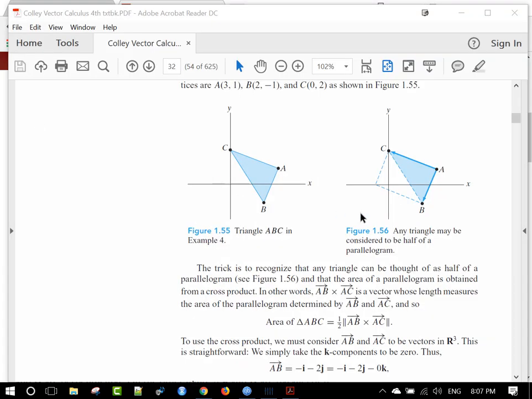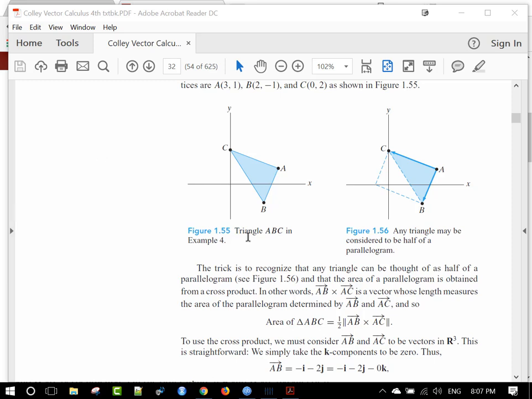So the area of this parallelogram is given by AC cross AB. AB cross AC is the same thing in terms of magnitude. That is the parallelogram, and half of that is the triangle. So that's one use of the cross product.